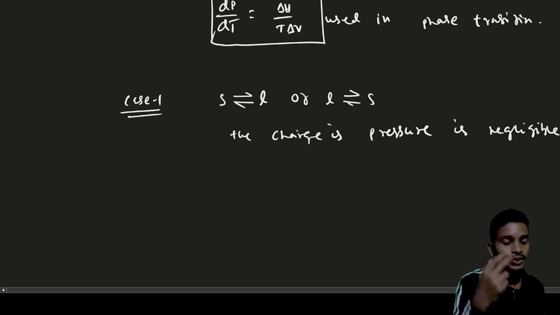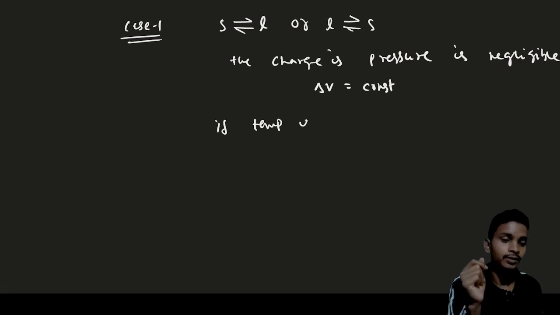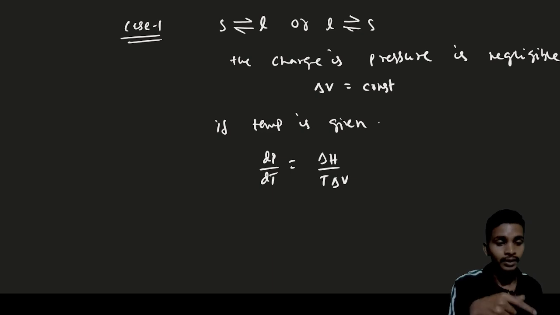So if the change in pressure is negligible, then ΔV is constant, and if the temperature is given, then the Clausius-Clapeyron equation becomes dP/dT = ΔH/(TΔV), where T is given to you and ΔV is constant.